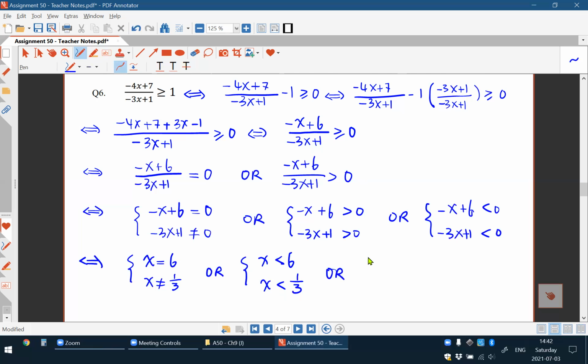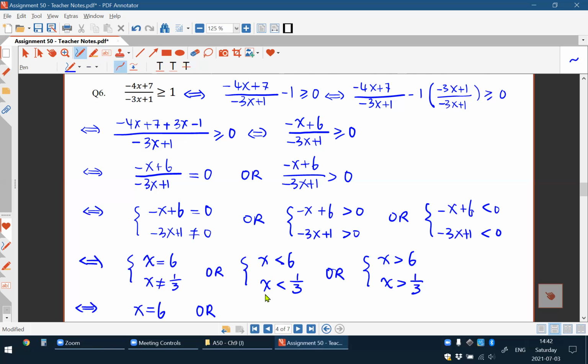Or can also have x is greater than 6 and x is greater than 1/3, right? Okay, so this is equivalent to x is 6 and x cannot be 1/3. If we combine these two, this is x is 6, right? Or x is smaller than 6 and x is smaller than 1/3.